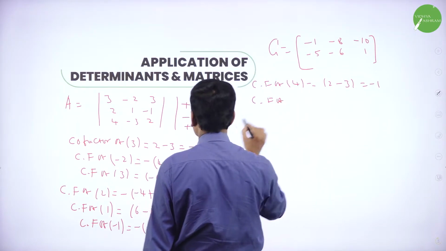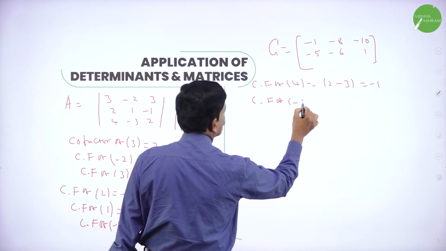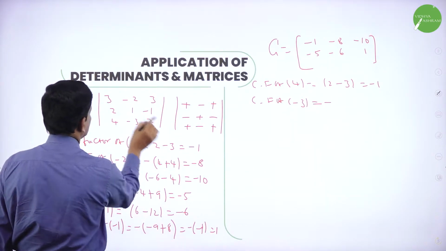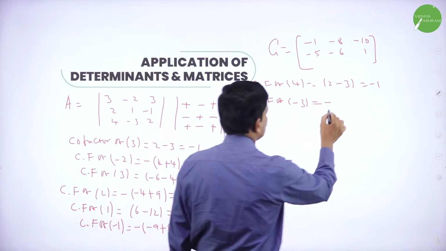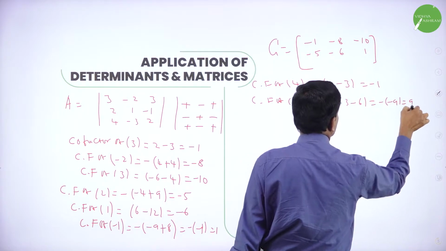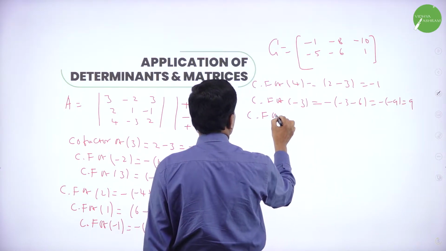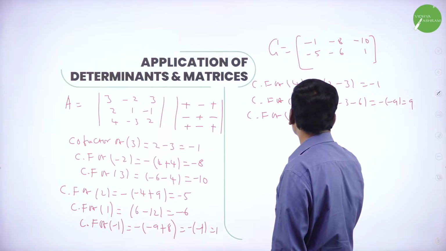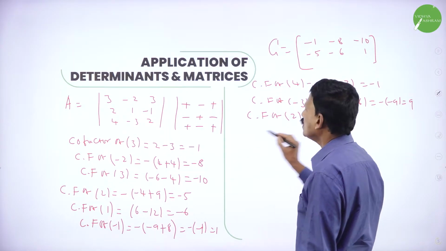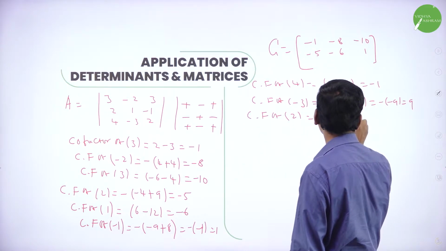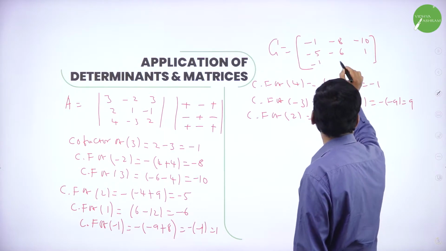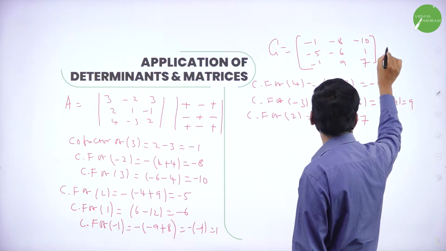Similarly, the cofactor for minus 3, it is negative, minus, this row and column is gone, 3 1s are 3, minus 6, minus 3, minus 6. So that's equal to minus of minus 9, which is plus 9. And the last element, the cofactor for the last element 2, is equal to, this row and column is gone, 3 1s are 3, minus into minus plus 2 2s are 4, that's equal to 7. So the values are minus 1, 9 and 7. This is the cofactor matrix.